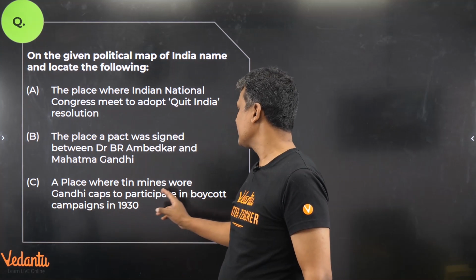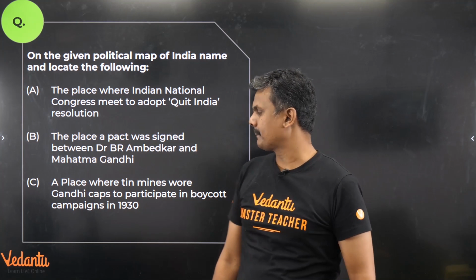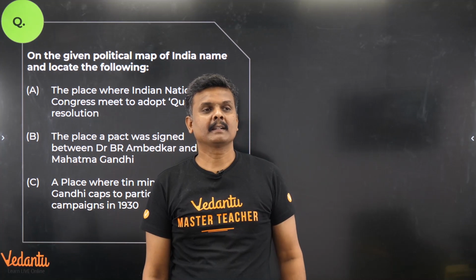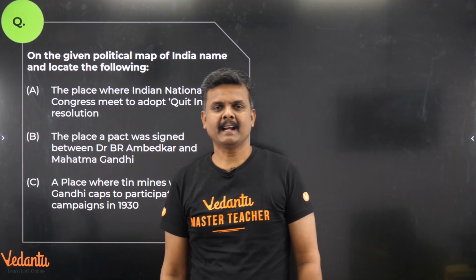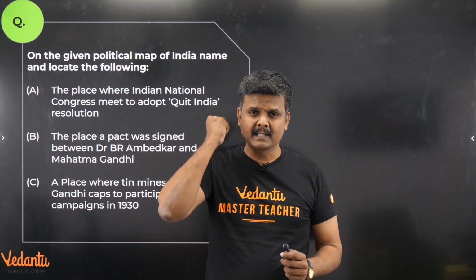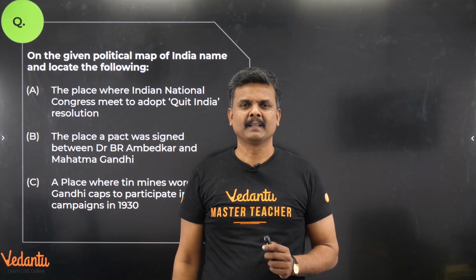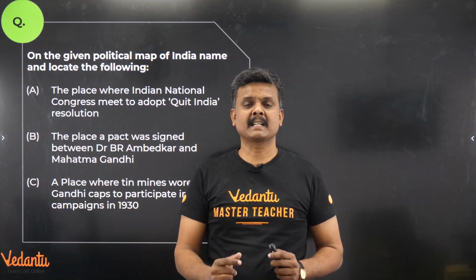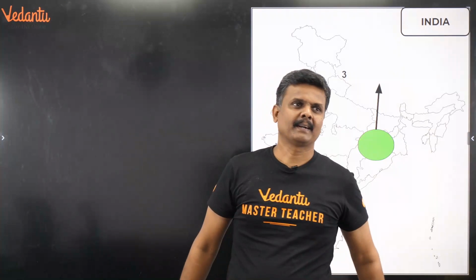A place where tin miners wore Gandhi caps to participate in boycott campaigns in 1930. What are these places? You have to prepare and do the map work on this. Ready, guys? So, my dear students, I hope you have started getting a gist of how maps work. You're becoming better and better with maps now, right? It's just a question of practice, and let's keep doing that every single session. Right, my dear students?